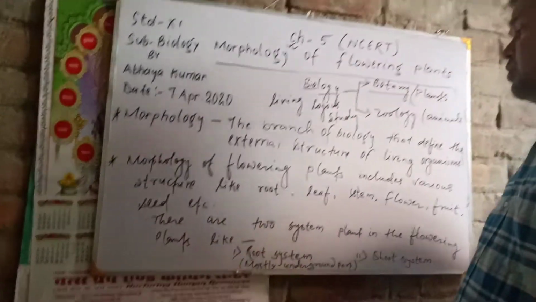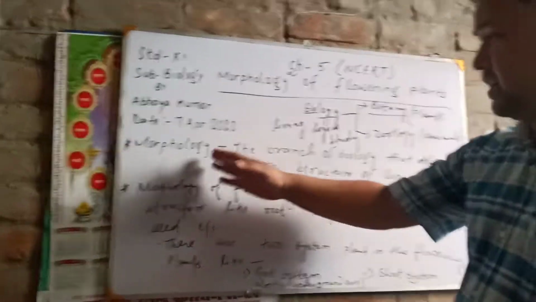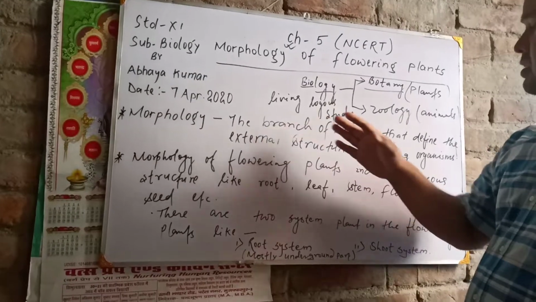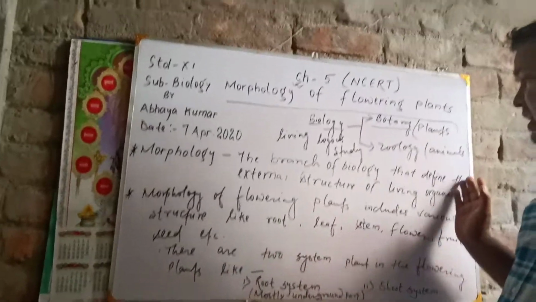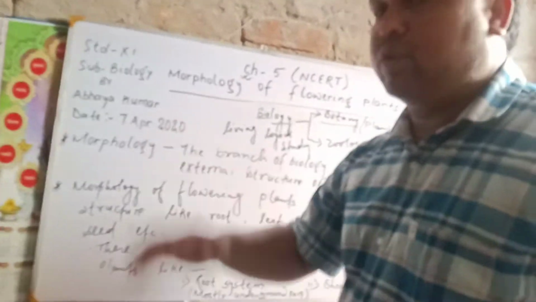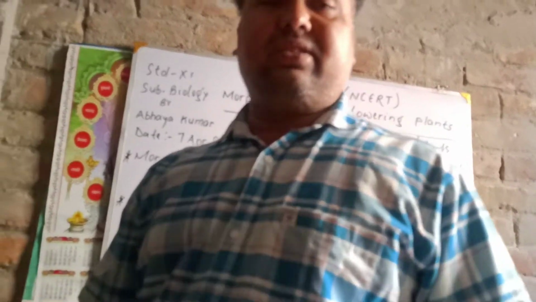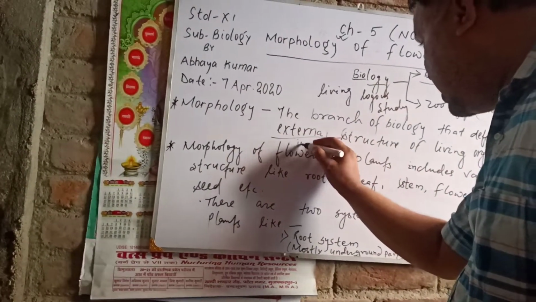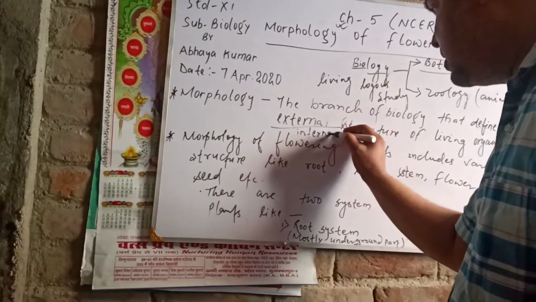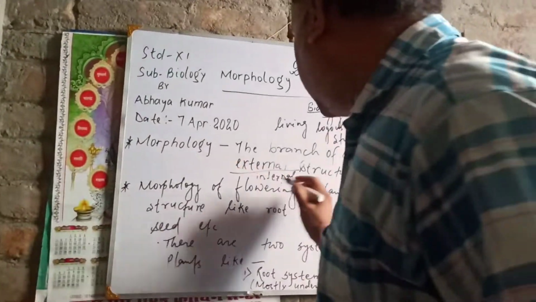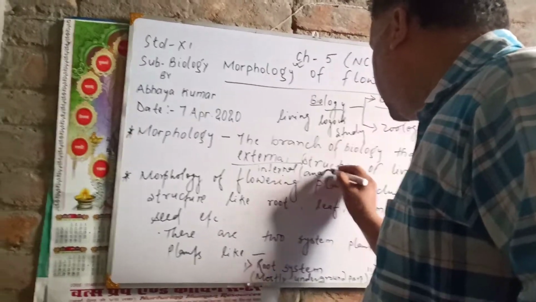So here I am going to define again morphology, the branch of biology that defines the external structure of living organisms is termed as morphology, whereas the branch of biology that defines the internal structure of living organisms is called anatomy.